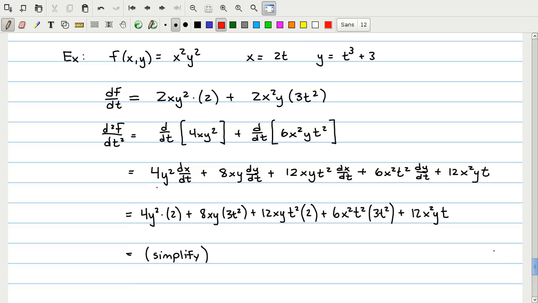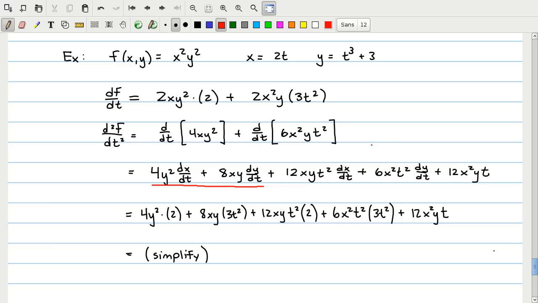So the derivative with respect to x gives me 4y squared times dx/dt right here. Then I have the derivative with respect to y, which is 8xy times dy/dt. And so these two terms go with this first term here.